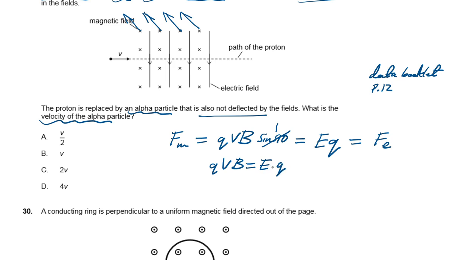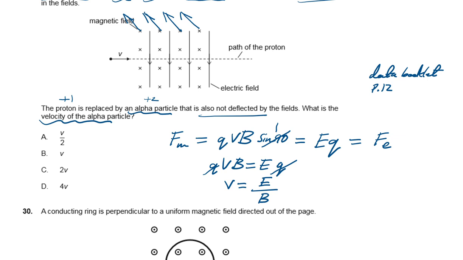And what we see is that the charges cancel out. And what we know is that an alpha particle has a +2 charge and a proton has a +1 charge. And so what we realize is that the charges actually don't even matter. And so we have velocity is equal to the electric field strength divided by the magnetic field strength.